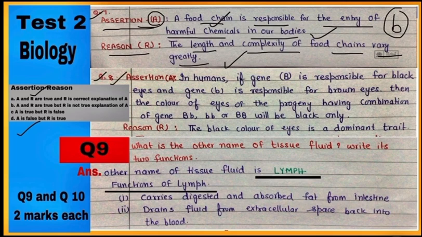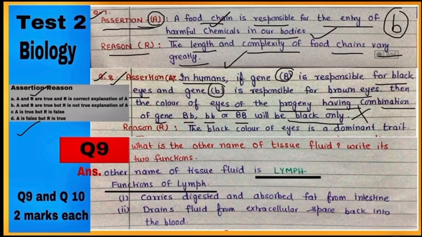Question number 8. In humans, if gene capital B is responsible for black eyes and gene small b is responsible for brown eyes, then the color of eyes of the progeny having combination of gene capital B, small b, small b, small b, or capital B will be black only. No, this is a false statement.